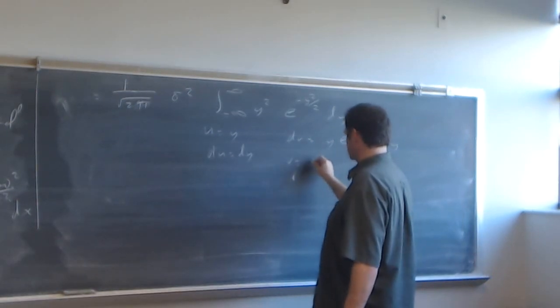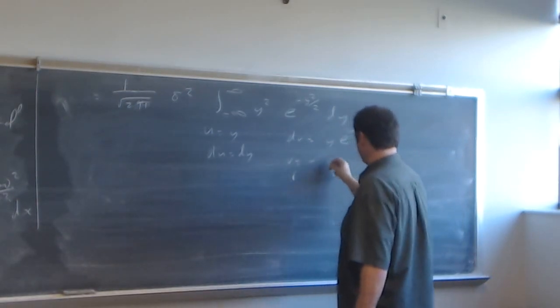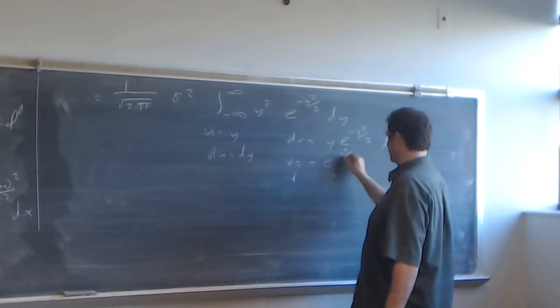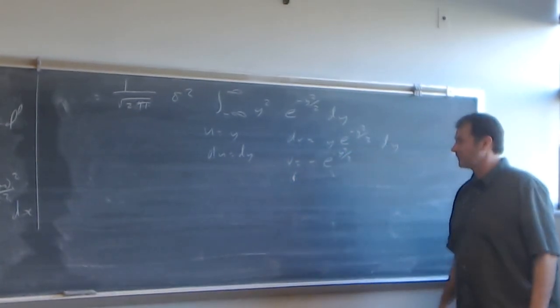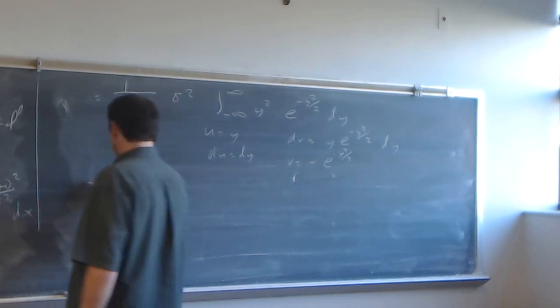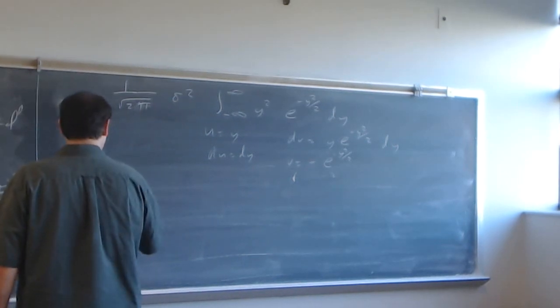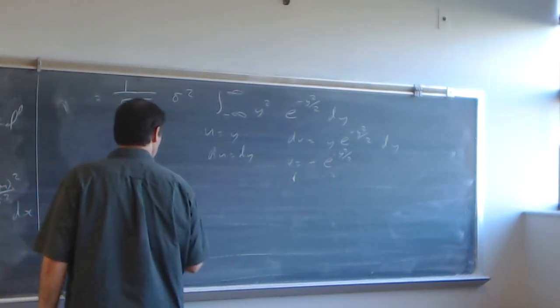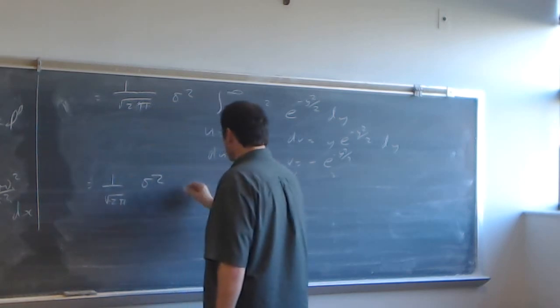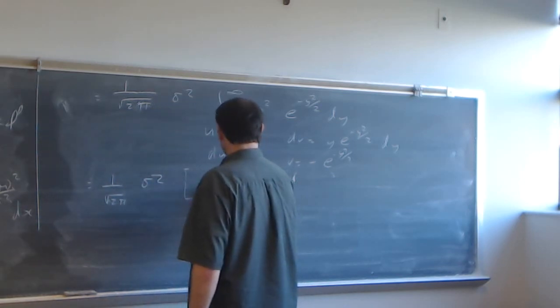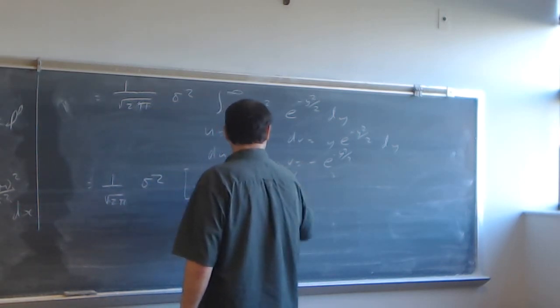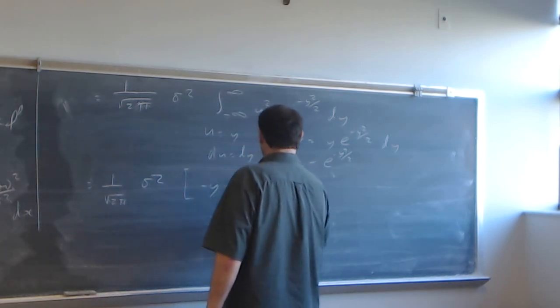So I need to put a minus associated with y, so I'll put a minus out front, and then it'd be e to the minus y squared over 2. So I have 1 over square root of 2 pi, there's a sigma squared in the top, times uv, so it's y with a minus, e to the minus y squared over 2, evaluated from minus infinity to infinity.